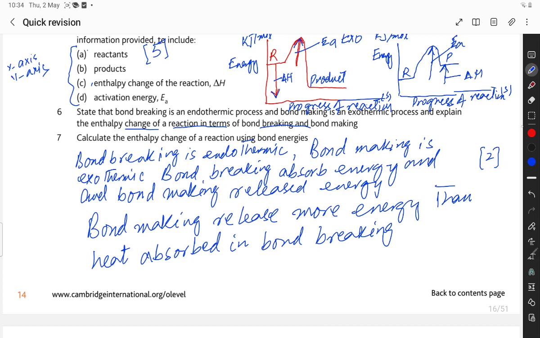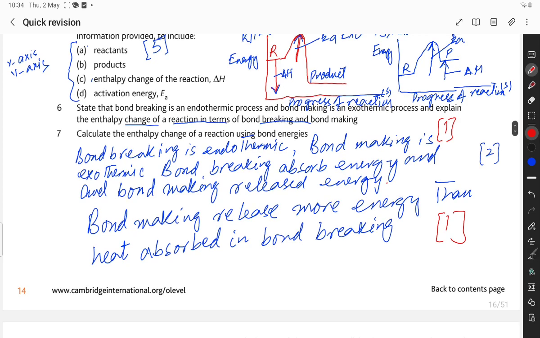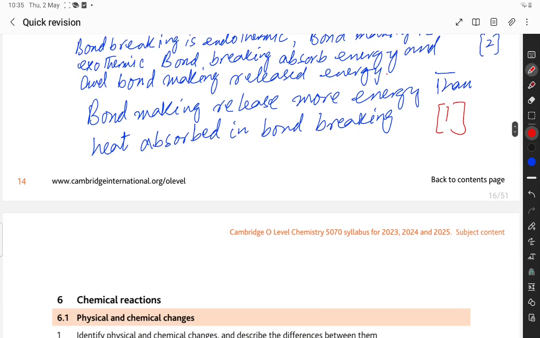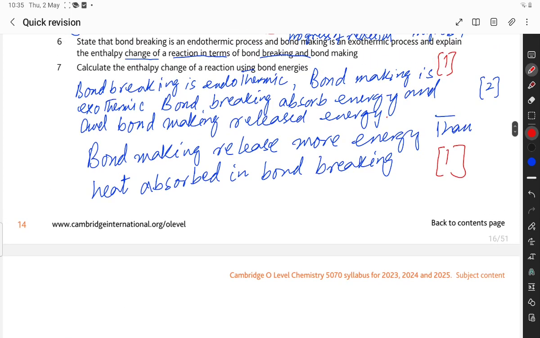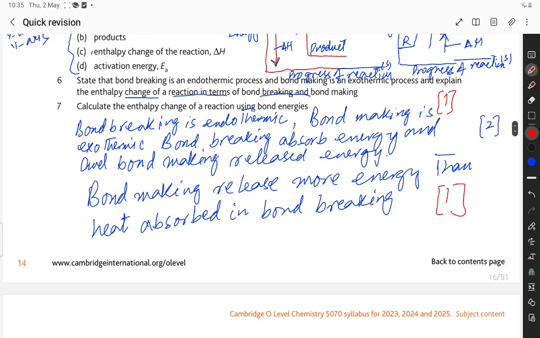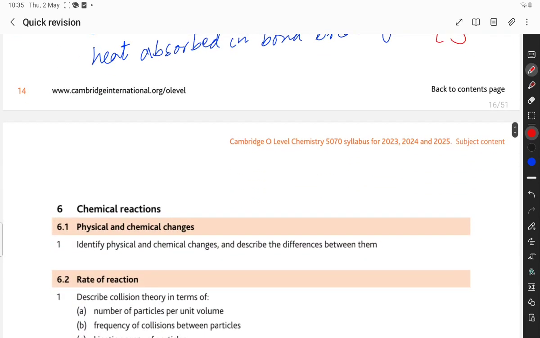This point carries 1 mark, and this line carries another mark. Please write these 2 points, and this will definitely come in the exam. That's why it is a very important question. Every year this question is assessed, and it will definitely be assessed in 2024, because in all previous years the examiner has assessed it.